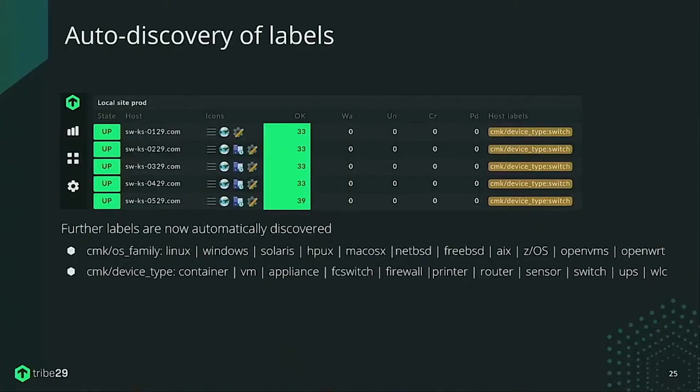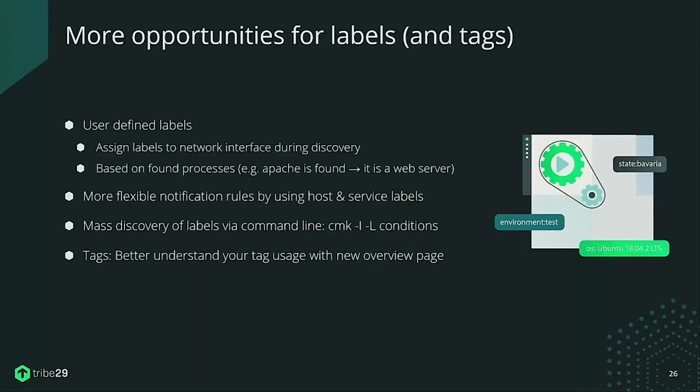They became a popular feature in 1.6, so we extended that further. Based on data from agents and SNMP, we can now discover OS families and device types. And we also added more discovery mechanisms.